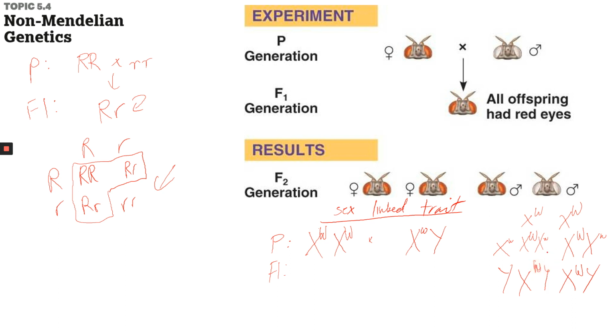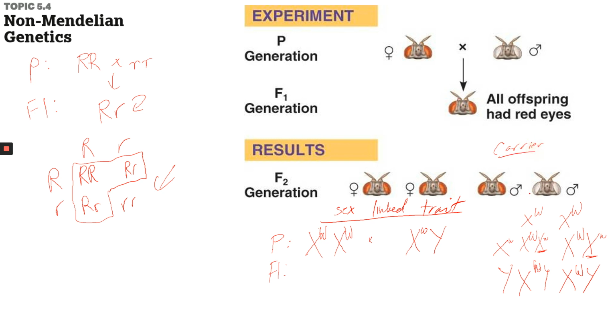So just to highlight here, these are our recessives, just as the W is kind of an awkward letter to use. You'll notice that if you go through here and you see X big W, X little w, that is a female that is red-eyed. Now, she does carry the trait. She is what's called a carrier, right?